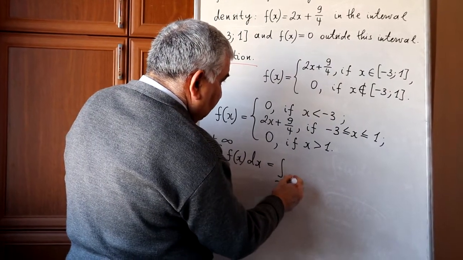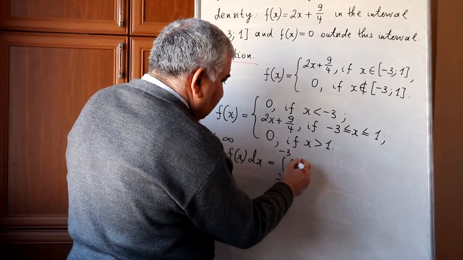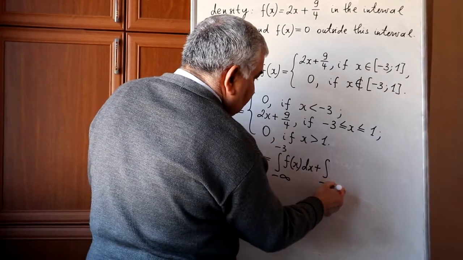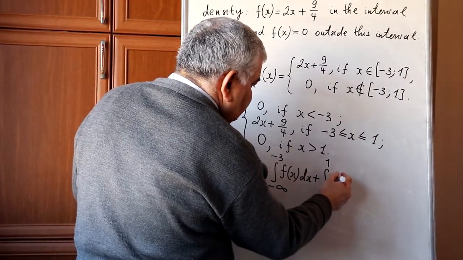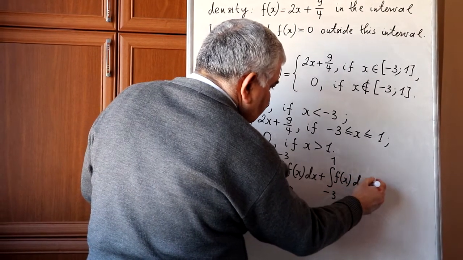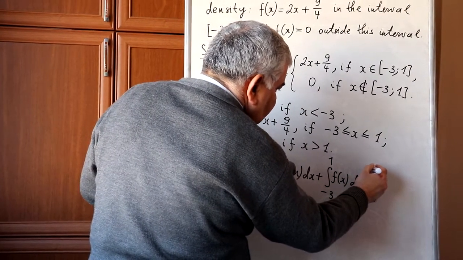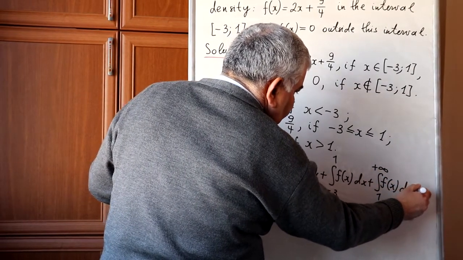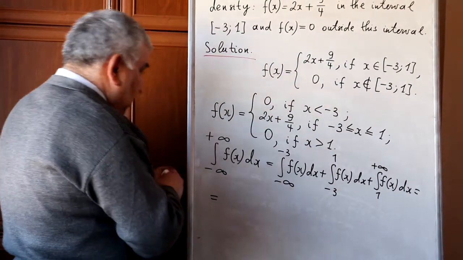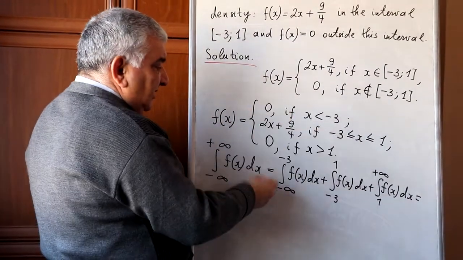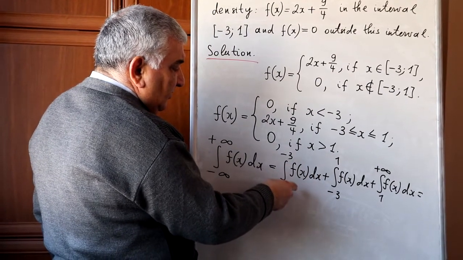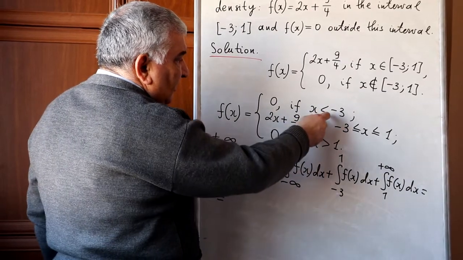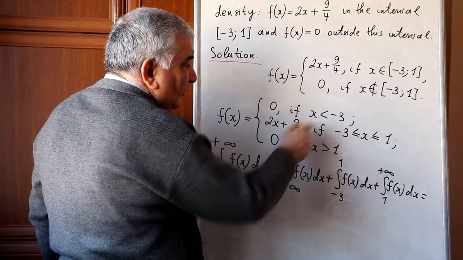Integral from minus infinity to minus 3 f of x dx plus integral from minus 3 to 1 f of x dx plus integral from 1 to plus infinity f of x dx equals, according to this condition, this integral is 0 because here x changed from minus infinity to minus 3, before minus 3.